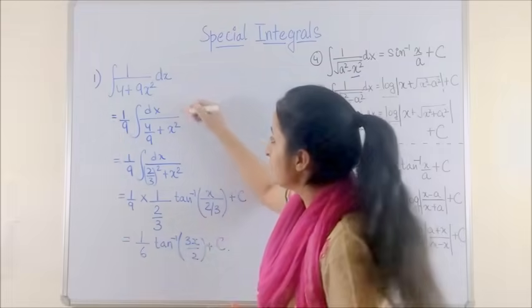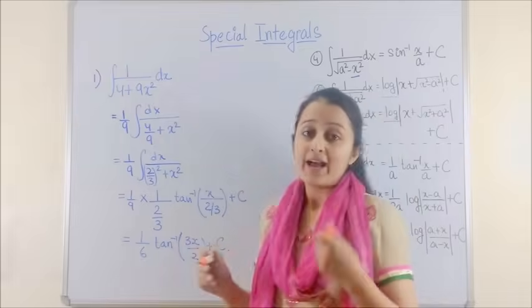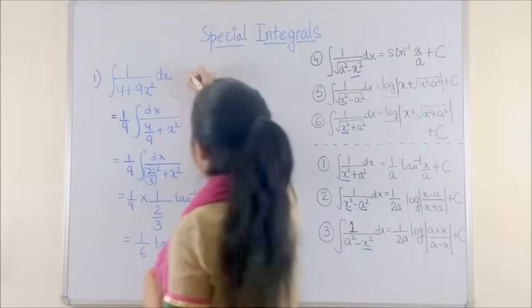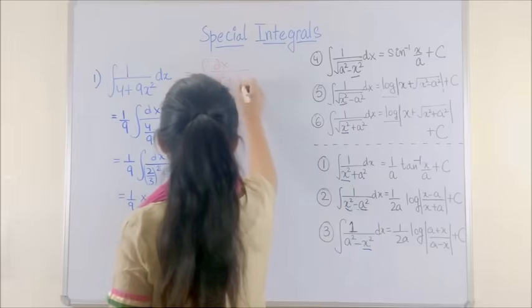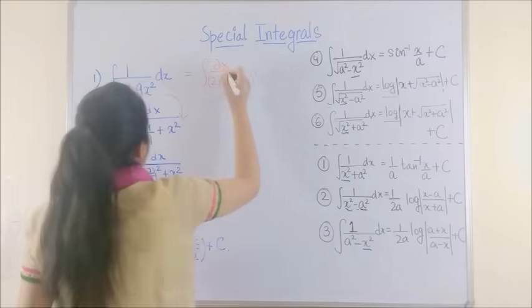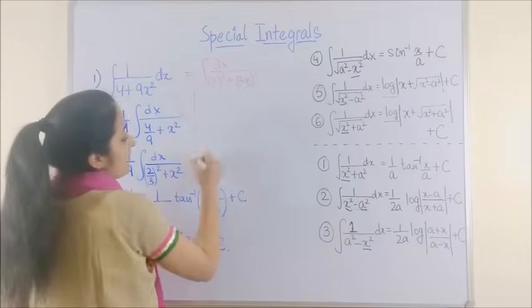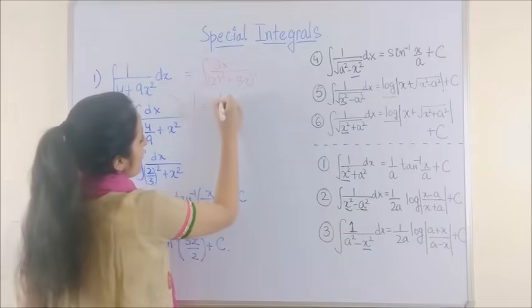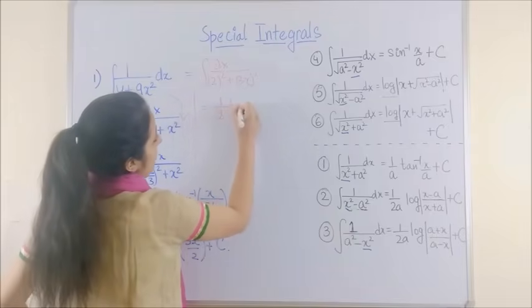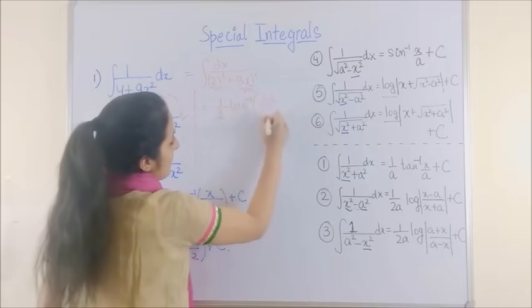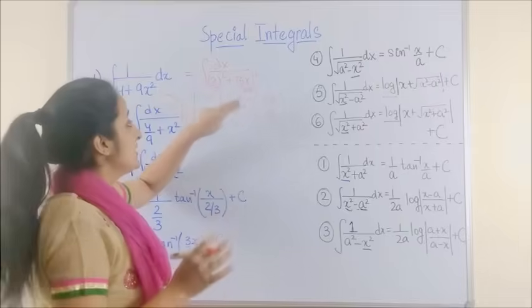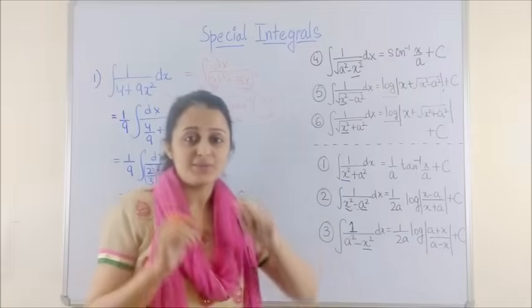Now few students don't enjoy this arrangement, and rather what they do is they write this as 2 square plus 3x whole square, and now they apply the same formula, which is 1 by a into tan inverse of x by a, but as we discussed earlier, that coefficient of x has to be 1.